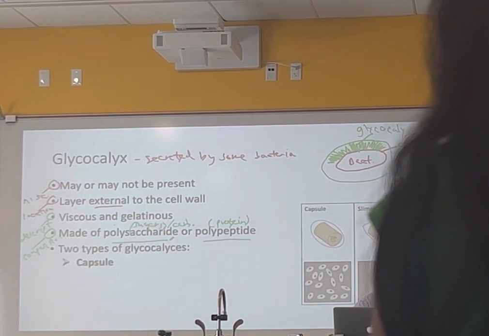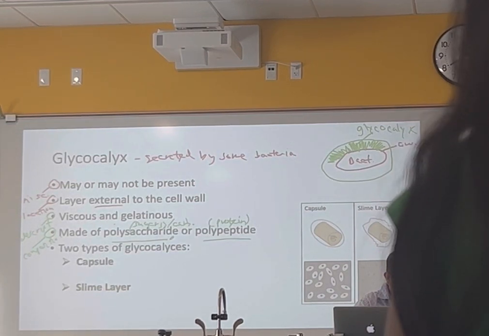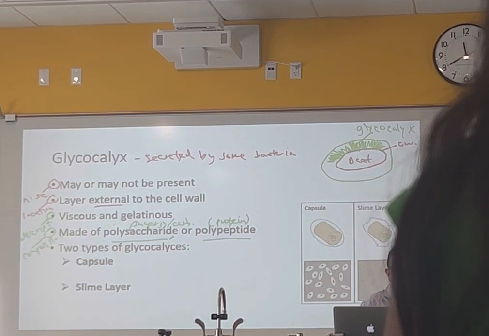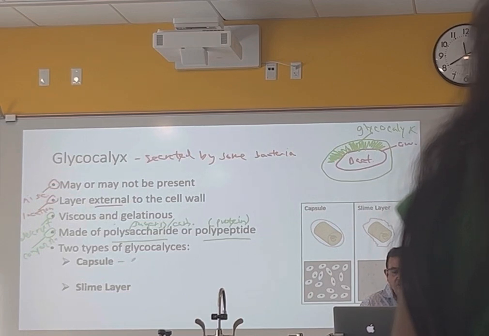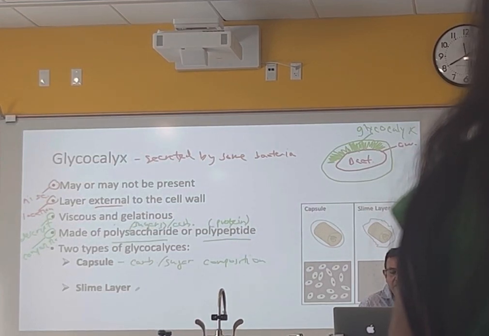Two types. There's the capsule glycocalyx or the slime layer glycocalyx. They're different in terms of what they're composed of, the composition, right? For capsules, these are carbohydrates. They're sugar composition. So by default, slime layer is made out of protein, so protein composition.